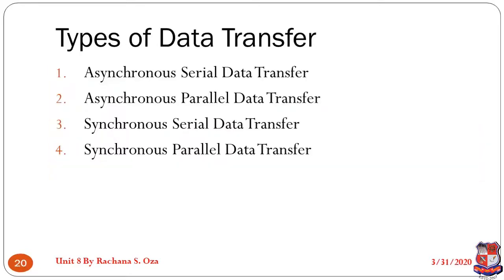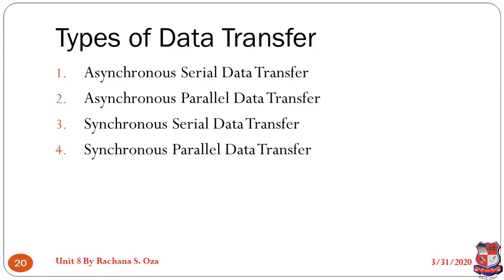Now, what types of data transfer can happen? As I initially said, they can be asynchronous or synchronous. Now, asynchronous and synchronous data transfer each have two further categories. Asynchronous serial data transfer, where data is transferred beat by beat from source to receiver or destination.